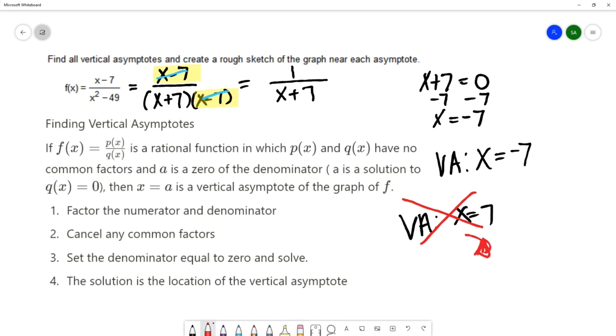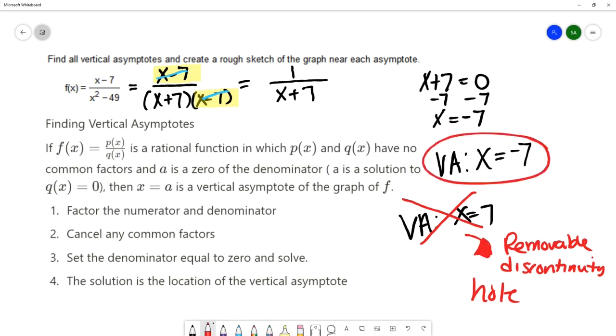At that value of x equals 7, we get what's called a removable discontinuity, which is a fancy word for a hole in the graph. So this particular function only has one vertical asymptote, and it's at x equals negative 7, excuse me.